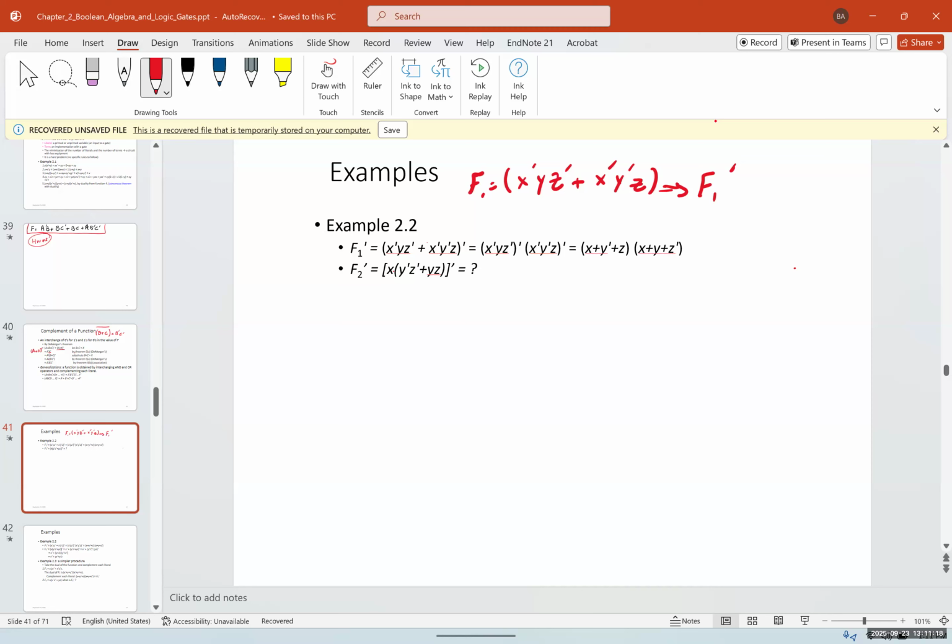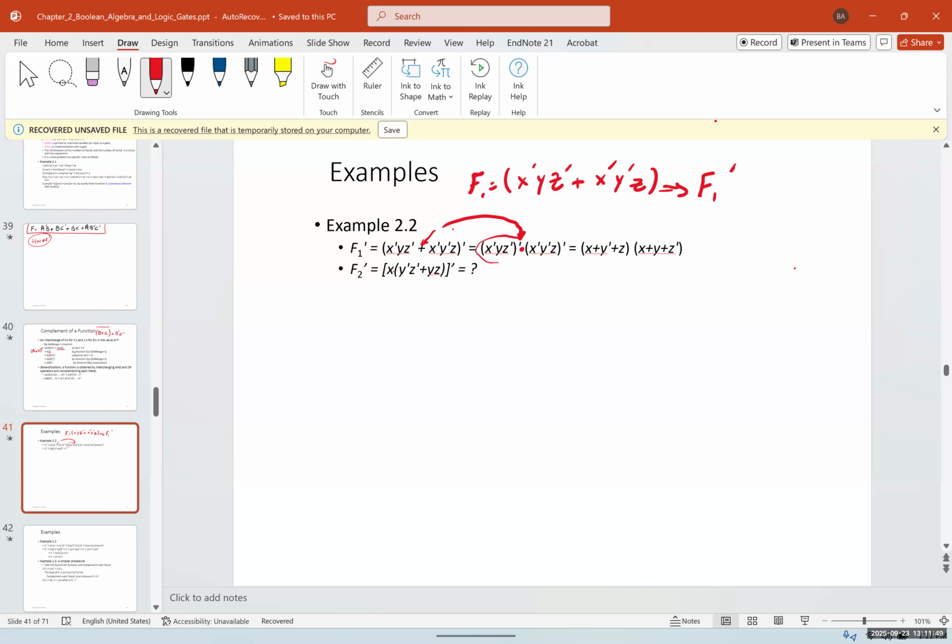So first step, when we put a prime, this or sign becomes and, and we have to find the complement of each literal. So if I want to find the prime of this, and becomes or, and each literal in the term becomes its complement.